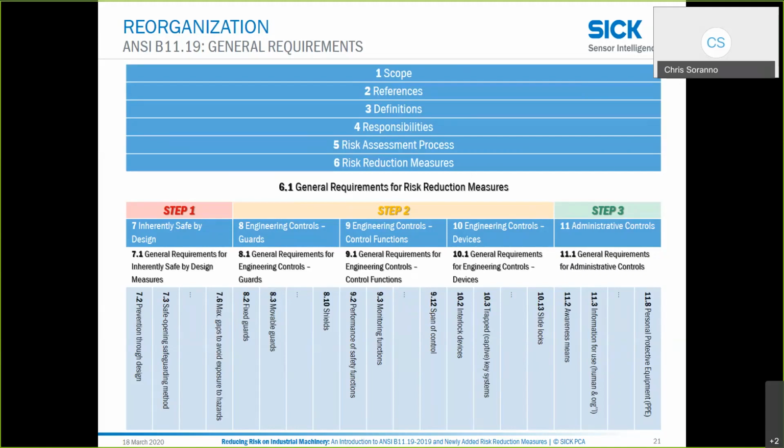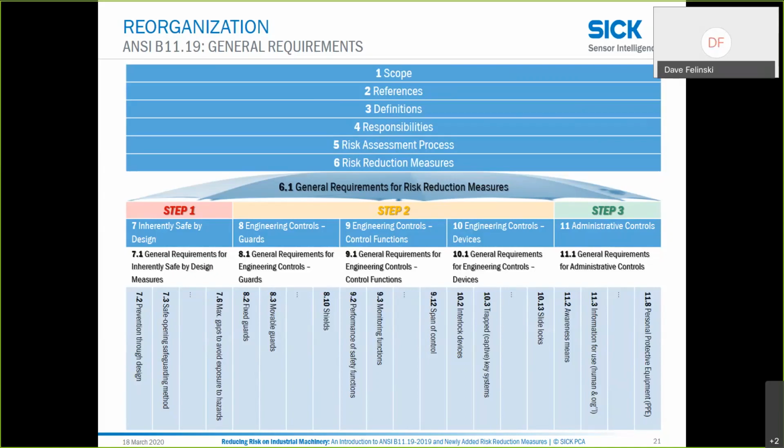So Clause 6 starts with just an overview of risk reduction measures, and Clause 6 lays out the most basic generic requirements of all risk reduction measures. So everything that follows after Clause 6 still has to meet the requirements within Clause 6, but we tried to centralize the most common elements so we didn't have to repeat them 40 to 50 times throughout the document.